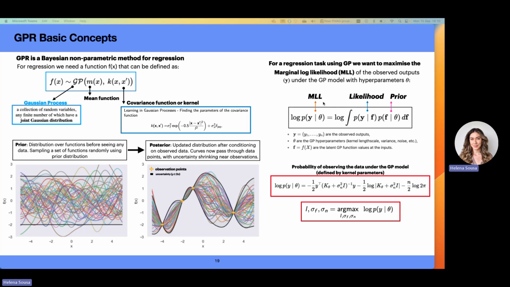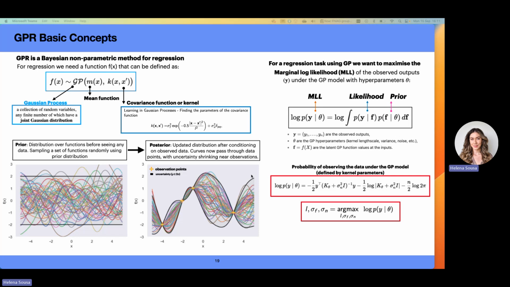So we want to optimize this marginal log likelihood of our observed outputs y, which basically aims to balance the fit of the data with the model complexity.